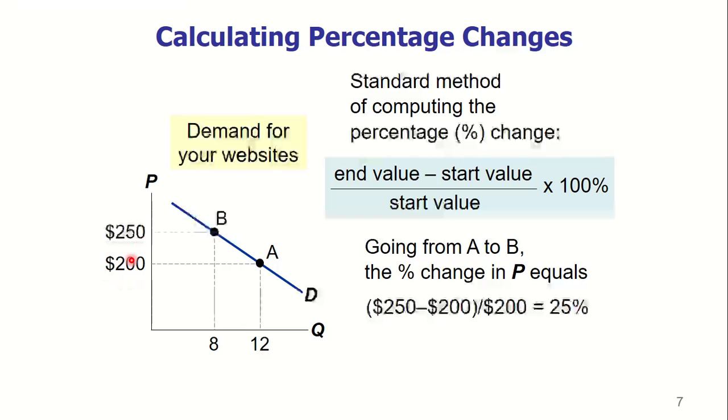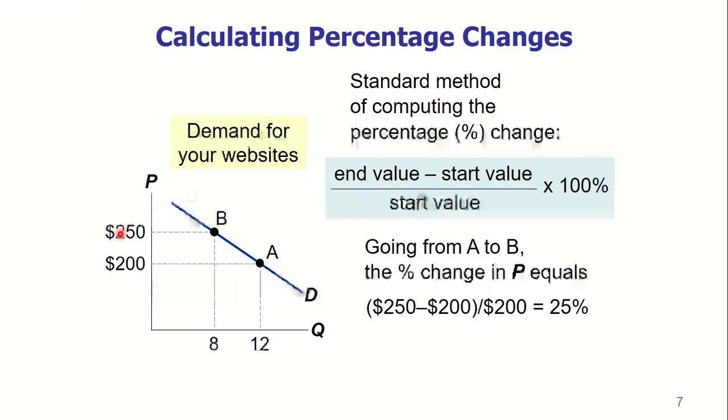So $250 minus $200 divided by $200, multiplied by 100%, is equal to 25%. So this is the percentage change in price. We just put all these values in this formula.